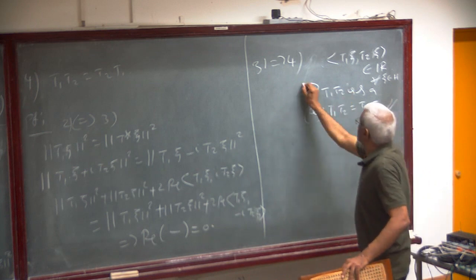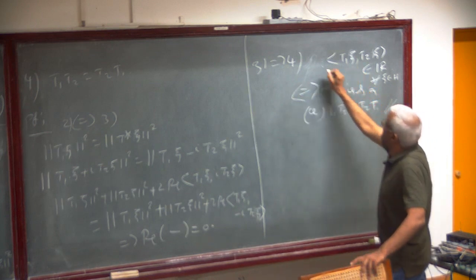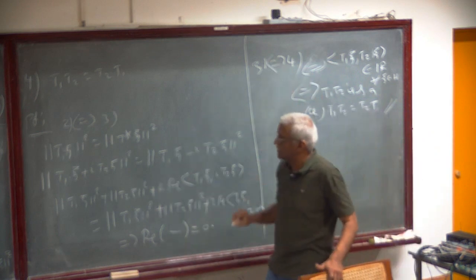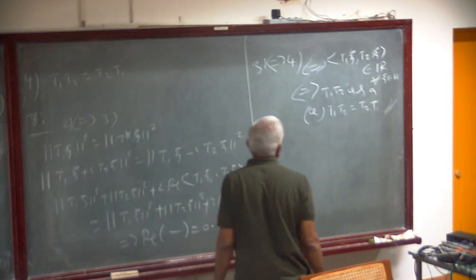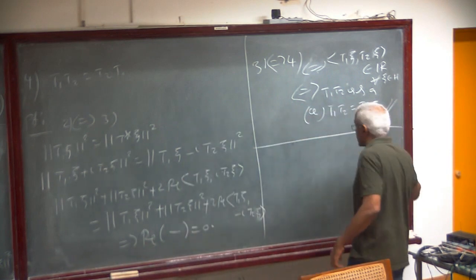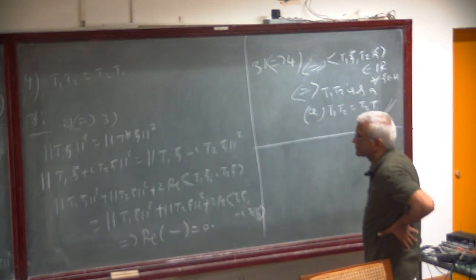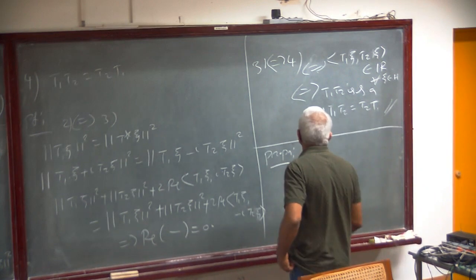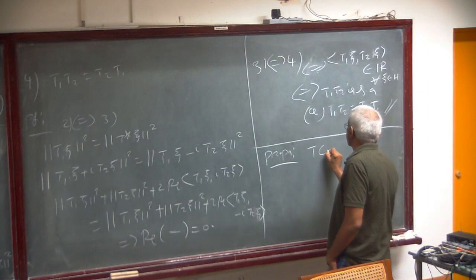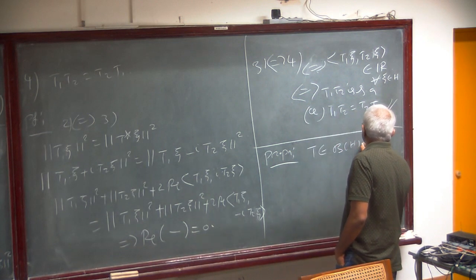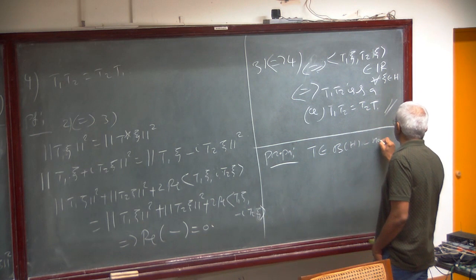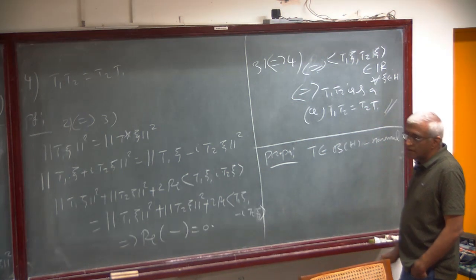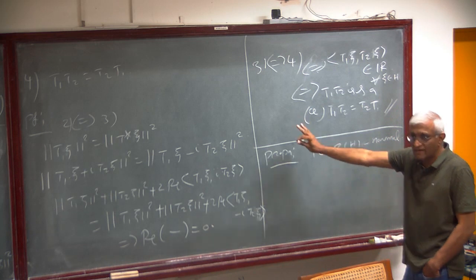T1, T2 self-adjoint means this is real, this is equal to this, that is equal to this. Okay?